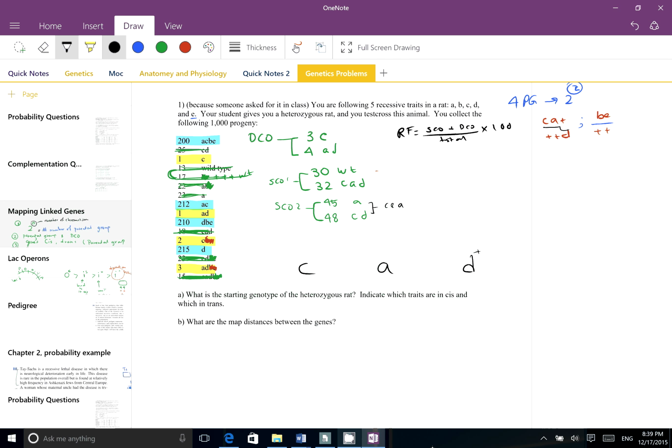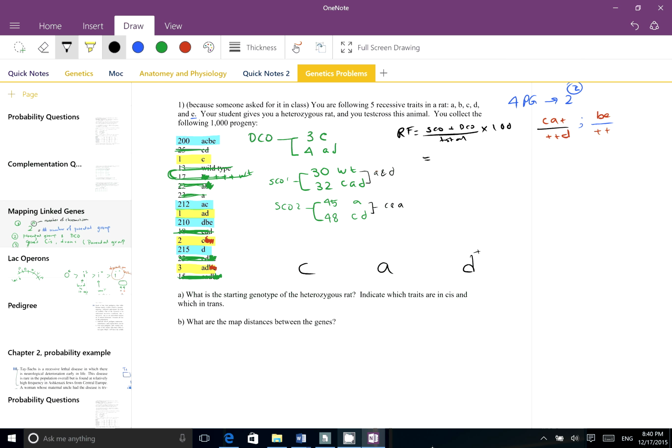Where do I have my CAD here? I have my CAD, and the other one would be wild type. So this will give me the distance between A and D. Okay, so I figured out which one would give me the distance between what. It's very tricky to erase on this thing.